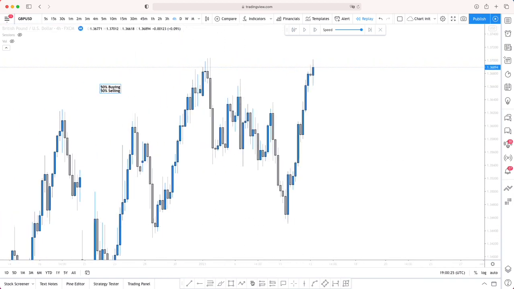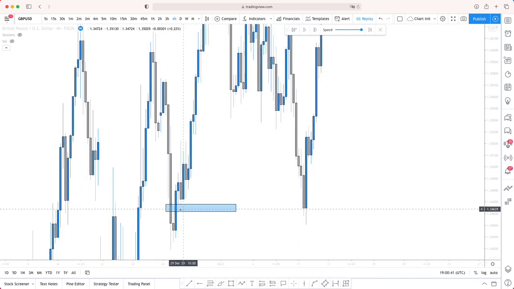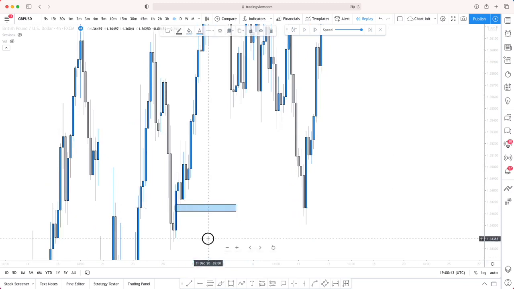The imbalance is, for example, when you get an OB, you'll probably have a gap, which we can see is here. There is imbalance here because there is pure buying.